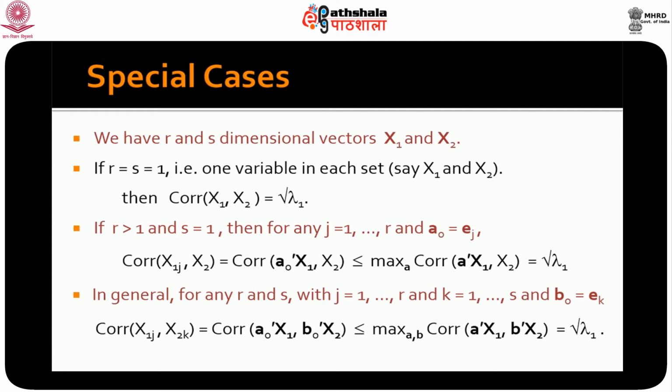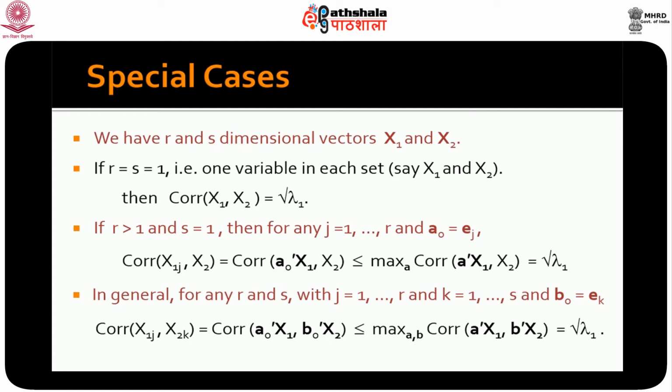So in that case, the correlation between X1 from the first set and X1 from the second set is basically the linear combinations aX1 and bX1, which would be the first canonical correlation. So it will have square root of lambda 1 as the correlation between X11 and X12.